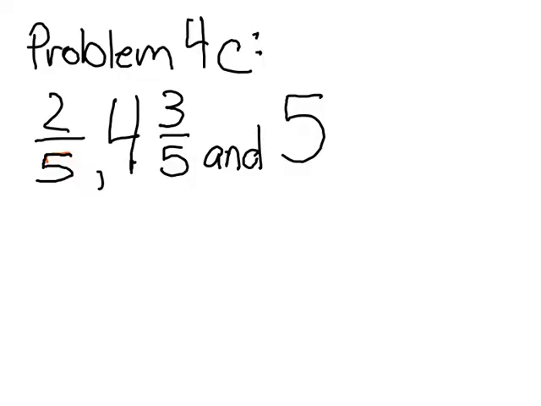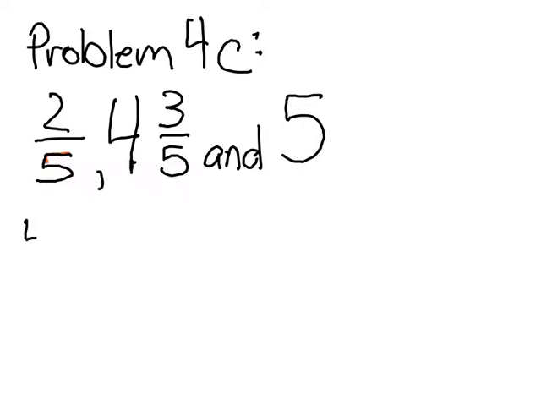Alright, we have a similar problem to 4b, but now we're working in fifths. We have 2/5, 4 3/5, and 5. And we're going to show the relationship between these 3 numbers. So let's start with an addition problem.